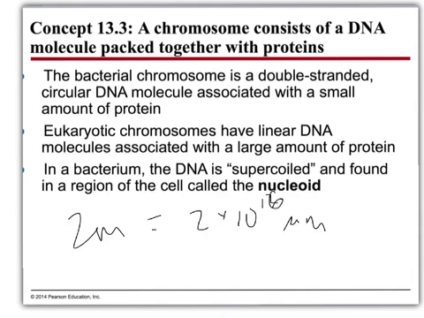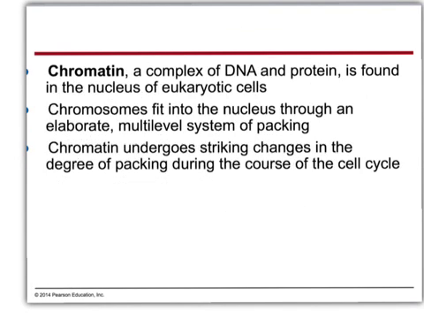All right? So we know that in bacteria, there's not a nucleus, it's called a nucleoid, right? There's an area where the DNA is sort of found. It's not packaged in a certain way. But in eukaryotic cells, DNA has to be packaged a certain way. Okay?